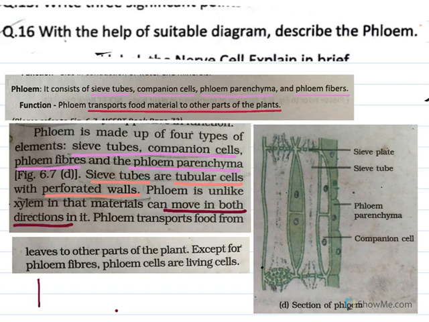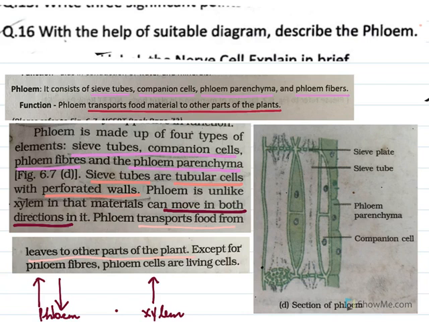So remember, in phloem the material can go upwards and also downwards in both directions. But in xylem the material only goes upwards, water goes only upwards. And the function of the phloem, it transports food from leaves to other parts of the plant.